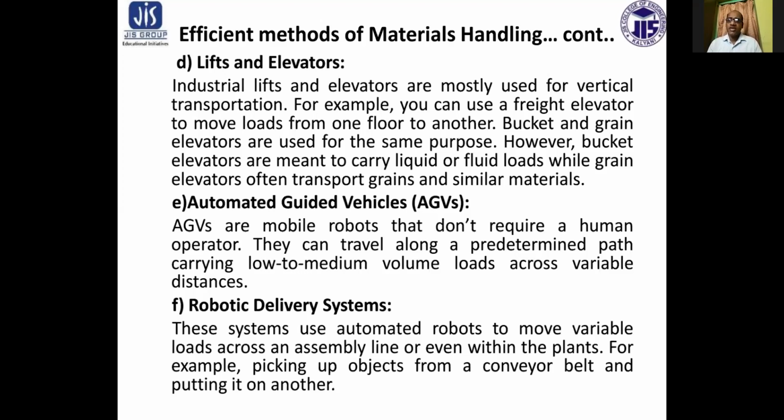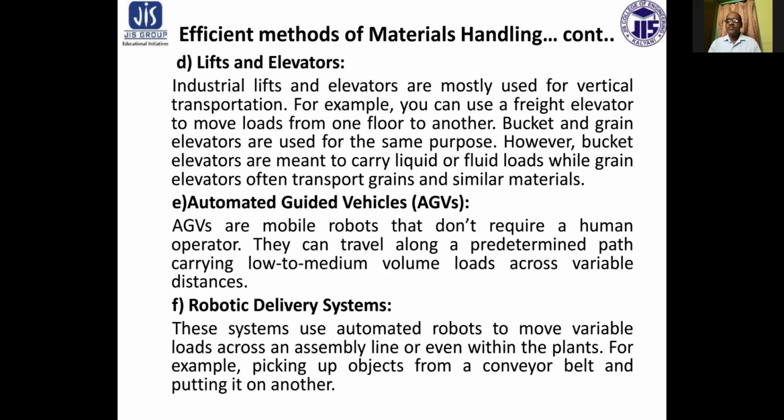Automated guided vehicles, that is AGVs. These are mobile robots that don't require a human operator. They can travel along a predetermined path, carrying low to medium volume loads across variable distances. Robotic delivery system.